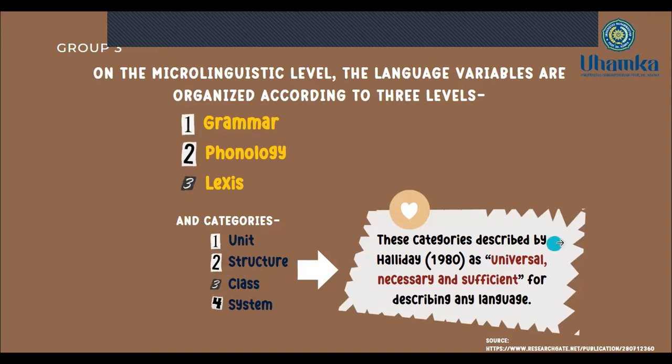These categories have been described by Halliday as universal, necessary, and sufficient, that is, applicable to describe any language. So this is very important. So what are unit, structure, class, and also system?